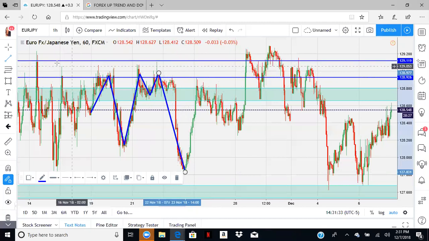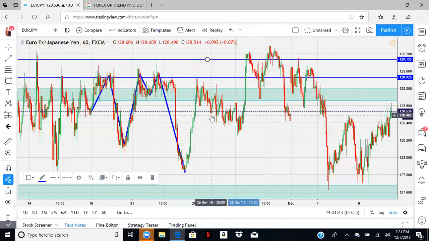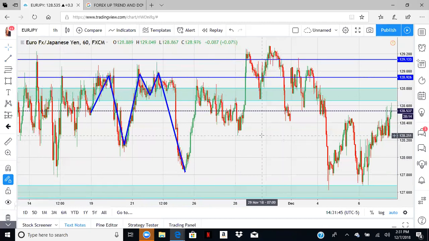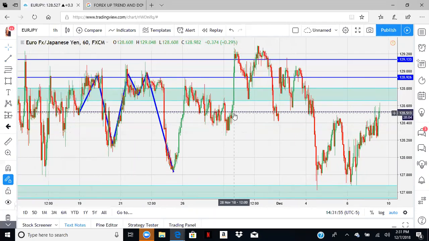And then the next take profit was at the next high. This was a 75 pip trade. I posted this in Abel's trade ideas as well because it was just so beautiful. This was really easy. This was an easy setup.